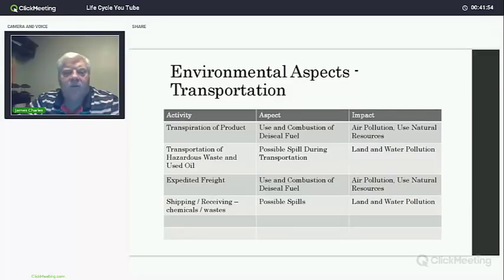We expedite freight, which causes us to use more diesel fuel and combust it. When we ship and receive our chemicals and oils, that creates a potential for there to be a possible spill. So those would be environmental aspects related to transportation.